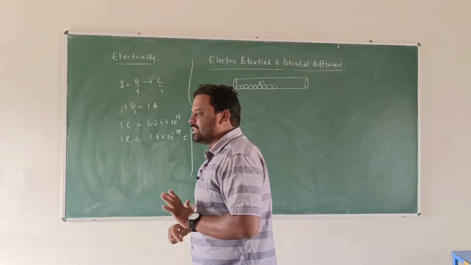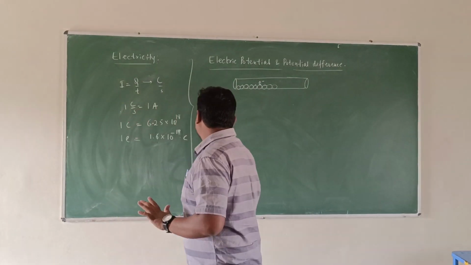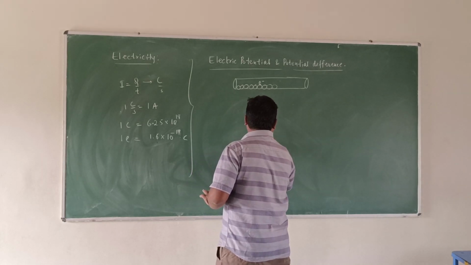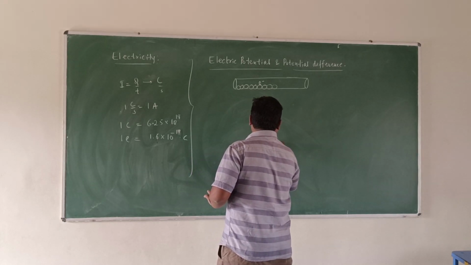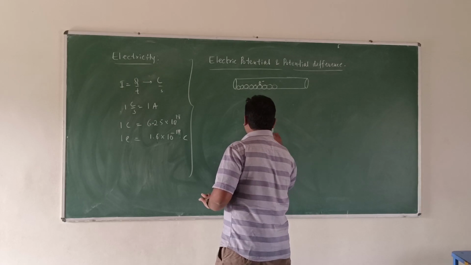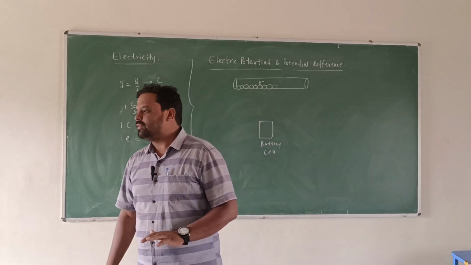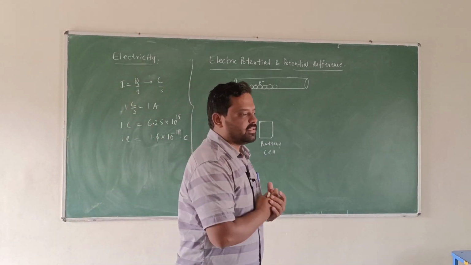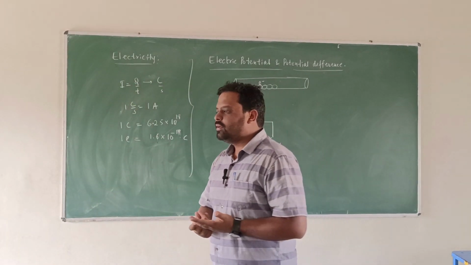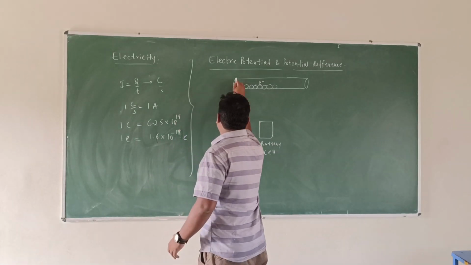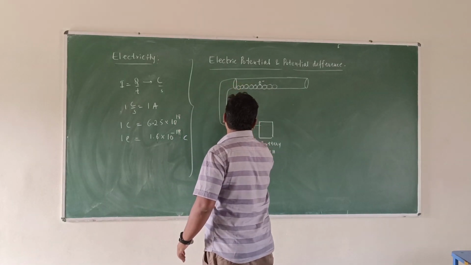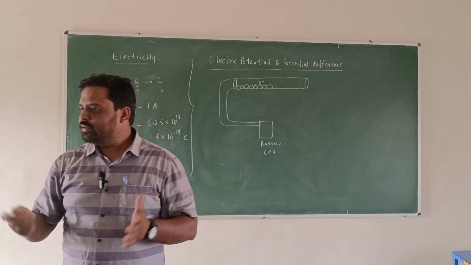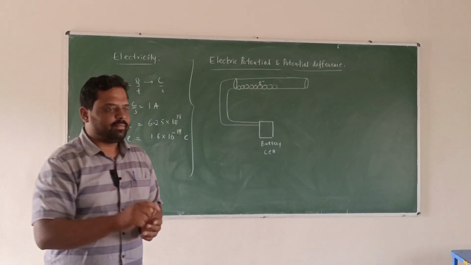So in the case of electricity, the battery or cell is responsible for the movement of electrons. How is it responsible? Let us say this pipe is again connected to this battery. The battery consists of chemicals, you know that, right? There are a lot of chemicals in the battery.